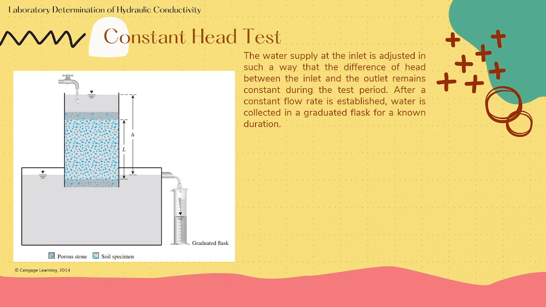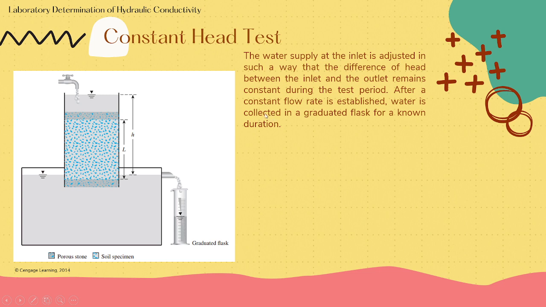So in the constant head test, this is the setup. In this setup, the water supply at the inlet is adjusted in such a way that the difference of head between the inlet and the outlet, this one and this one, will remain constant.